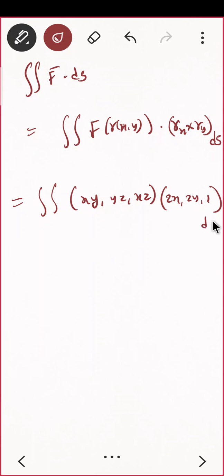And that is dS. Okay. So what will this be? It will be 2x square y plus 2y square z plus xz, and that is dS here.